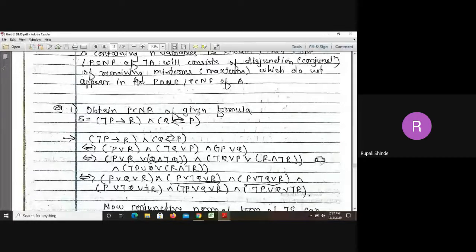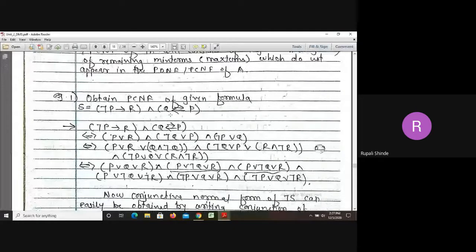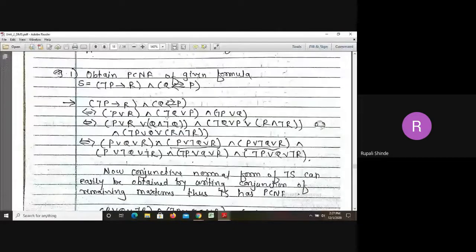So that, from that PCNF we have to obtain PDNF. Okay. So check here.